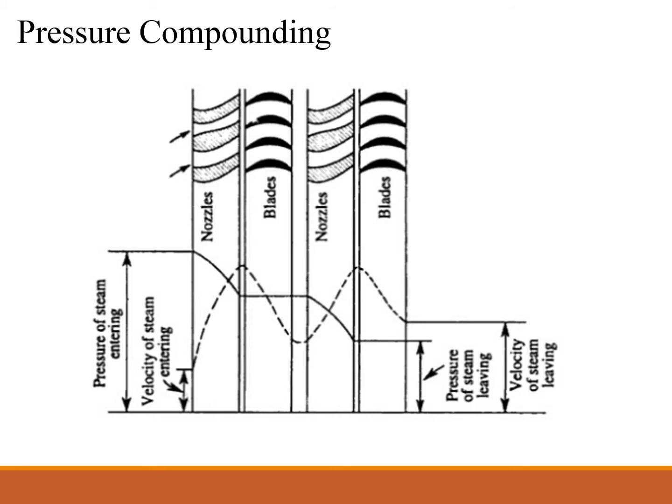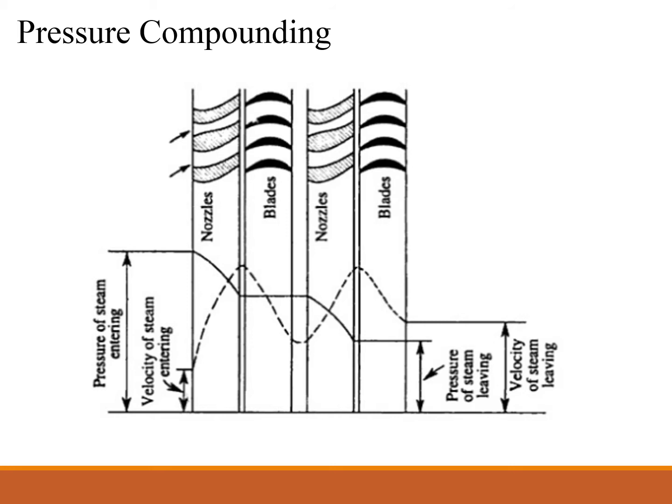Each simple impulse turbine forms a stage of the turbine. Each stage contains a set of fixed nozzles and moving blades. The nozzles are fitted into diaphragms which separate one wheel chamber from the next.